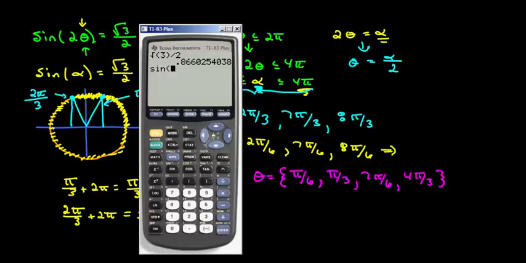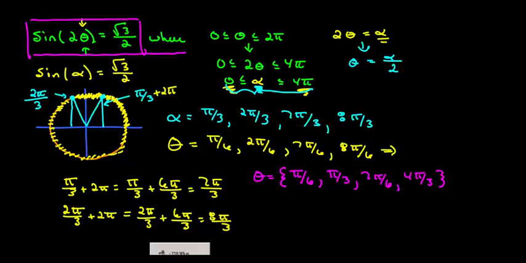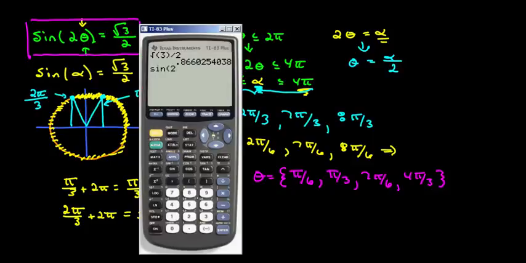Remember our original equation: the sine of twice that angle has to equal square root of 3 over 2. So the sine of 2 times pi over 6 equals square root of 3 over 2. Now the next one is 2 times pi over 3.